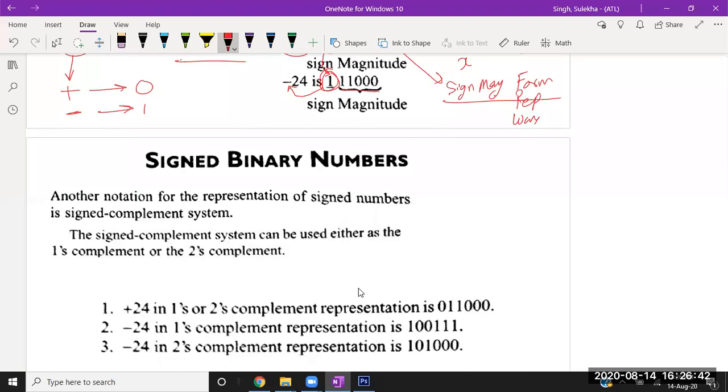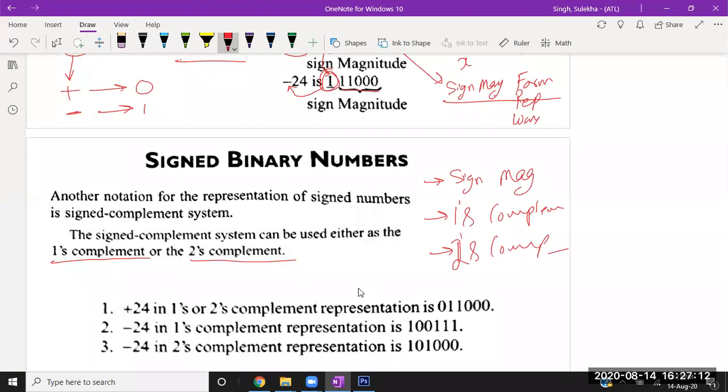So other forms in which you can represent your number are ones complement representation and two's complement representation. Basically we can represent by sign magnitude representation, by this method also, by ones complement representation also, and by two's complement representation also.